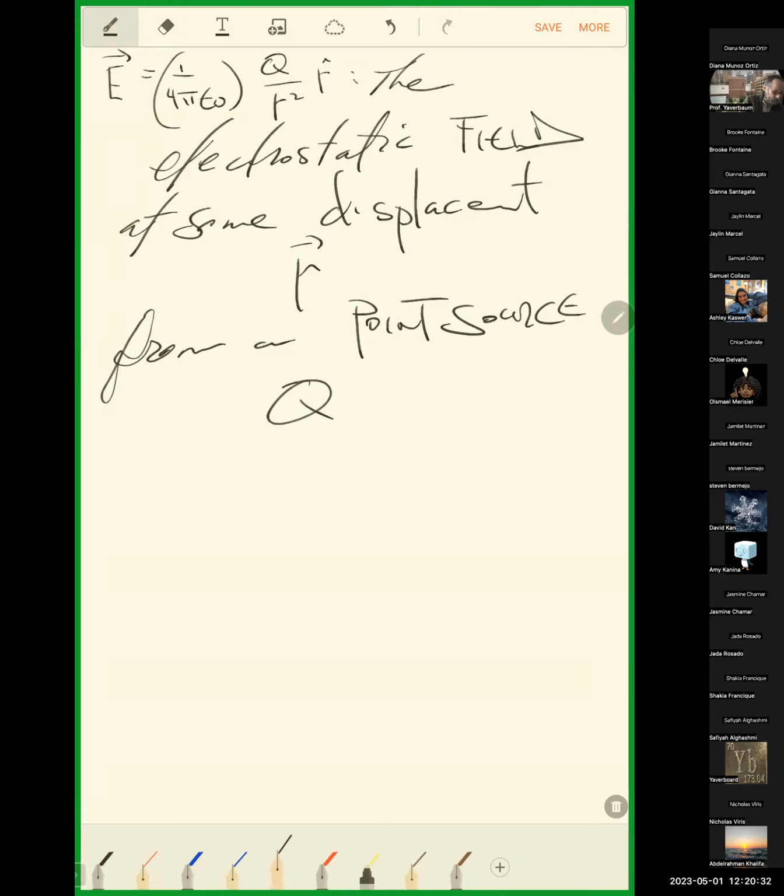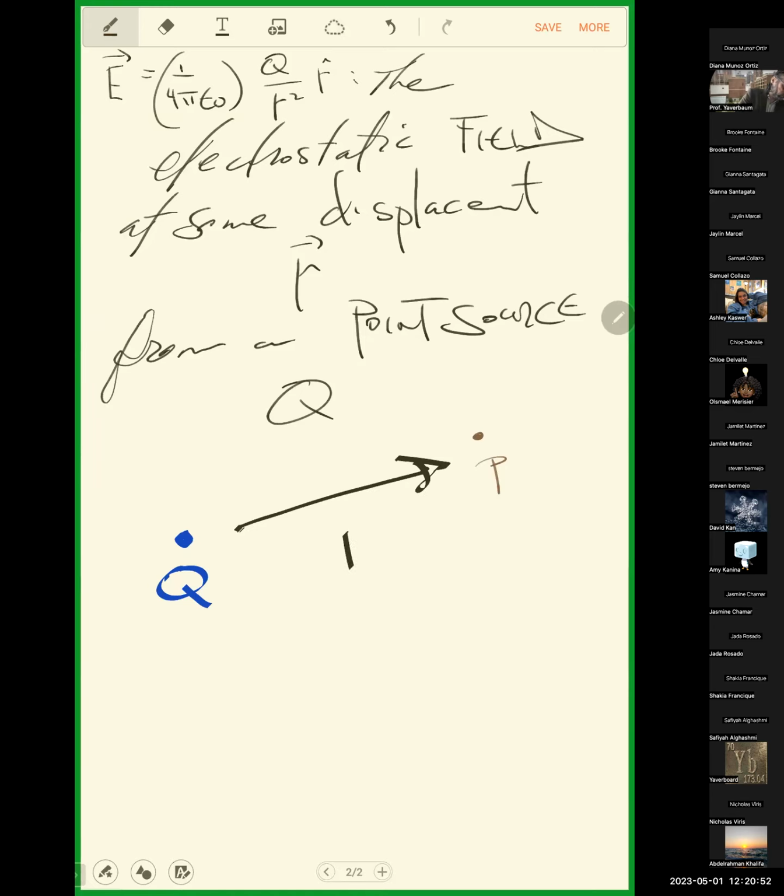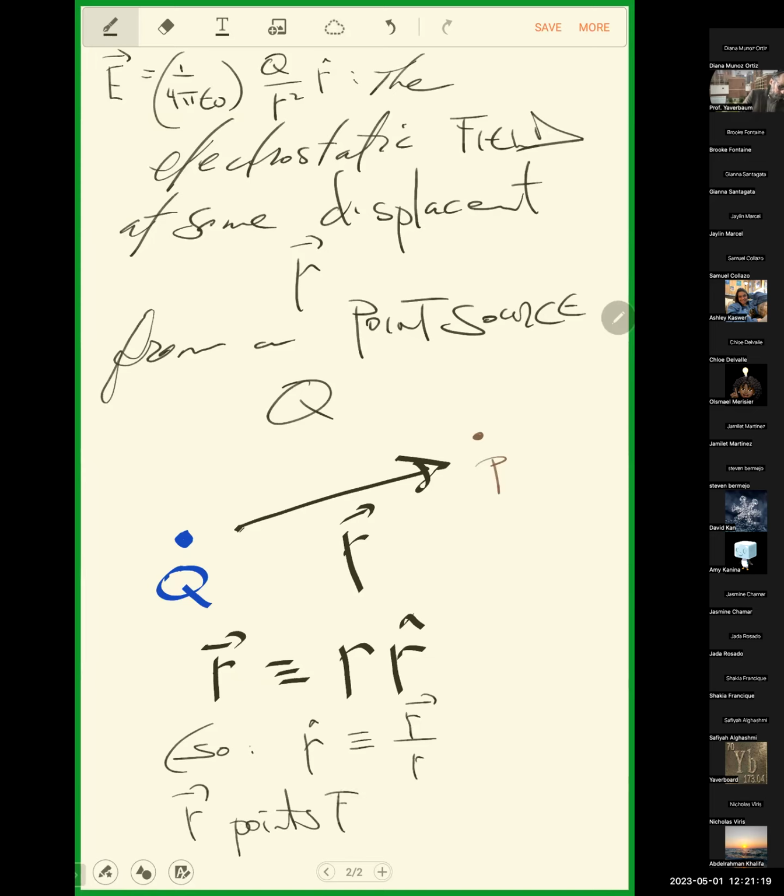Was it that we were ultimately saying this? Okay, this is a summary of the concept we were using last time.